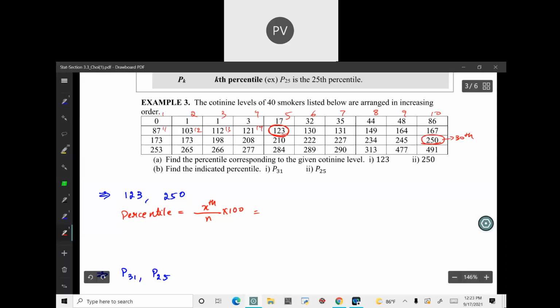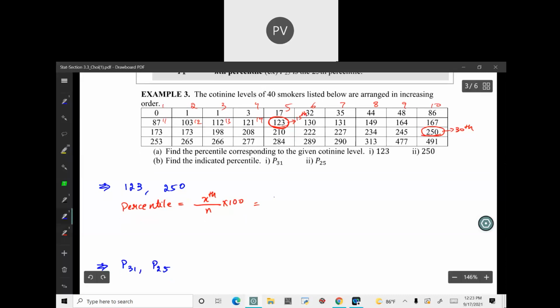So whenever you are asked to find out the percentile of a given data value, the position must be less than that. So if the position of this is 15th, then you must consider the position less than that, that would be the 14th position. The position must be less than the value.